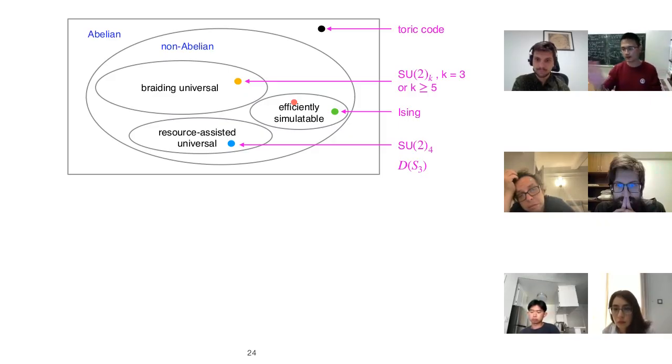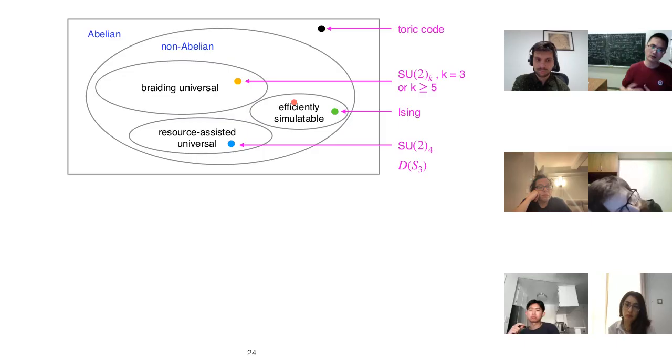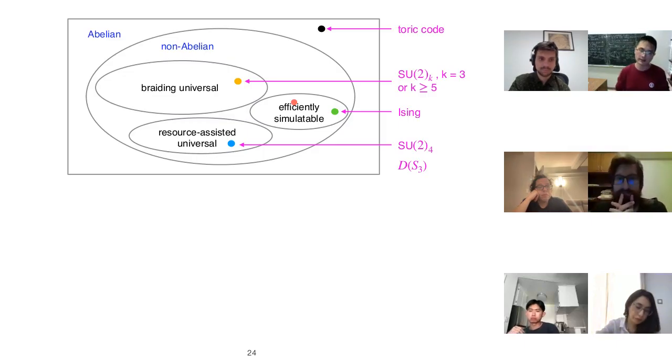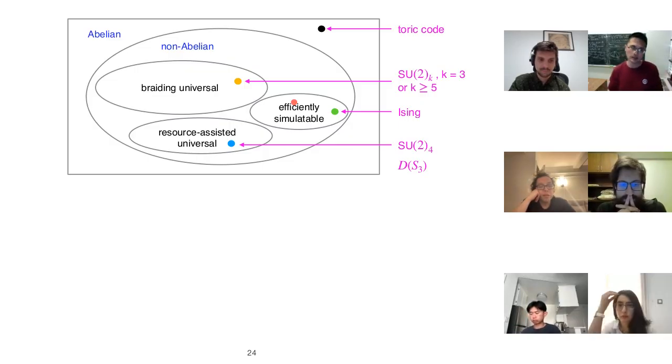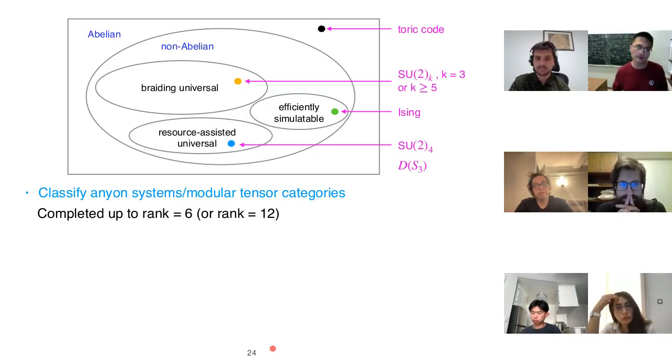And also, there is lots of work regarding the resource-assisted universality on the so-called double S3 model, and so on. These anyon systems sort of offer an intermediate stage for universal quantum computation. So I'm just going to throw out some quick open problems in this general subject.